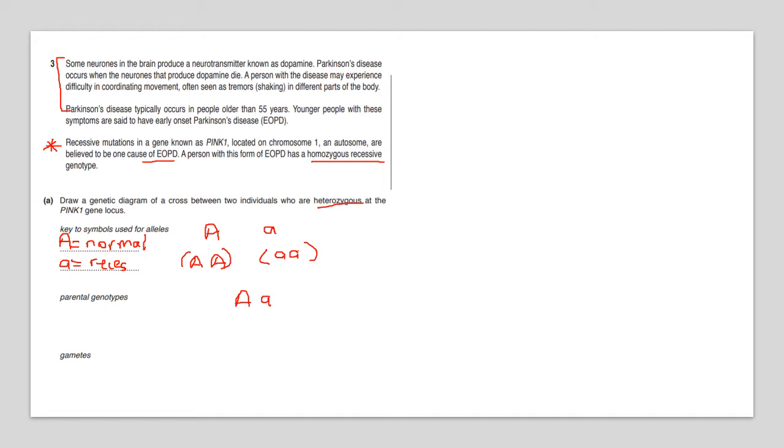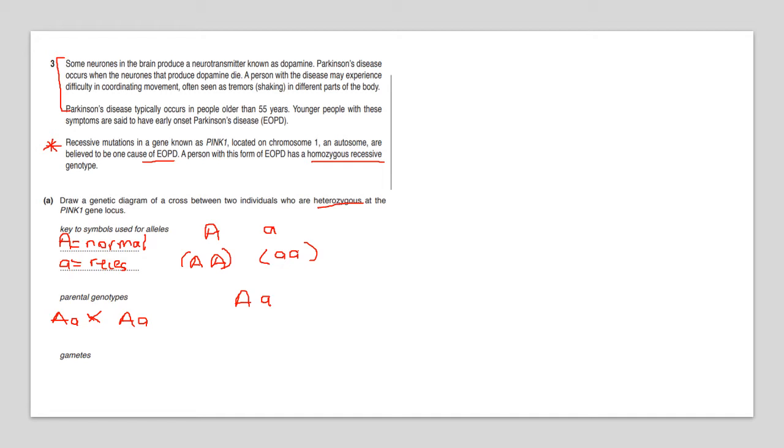Now for the parental genotypes, because we've been told that these two individuals who are being crossed are heterozygous, that means they are big A, small a, times big A, small a as well. Now, something I need to say to you is that when it comes to doing these crosses, because over here it just looks like you don't have any room, you can always scribble somewhere on the corner of your paper.